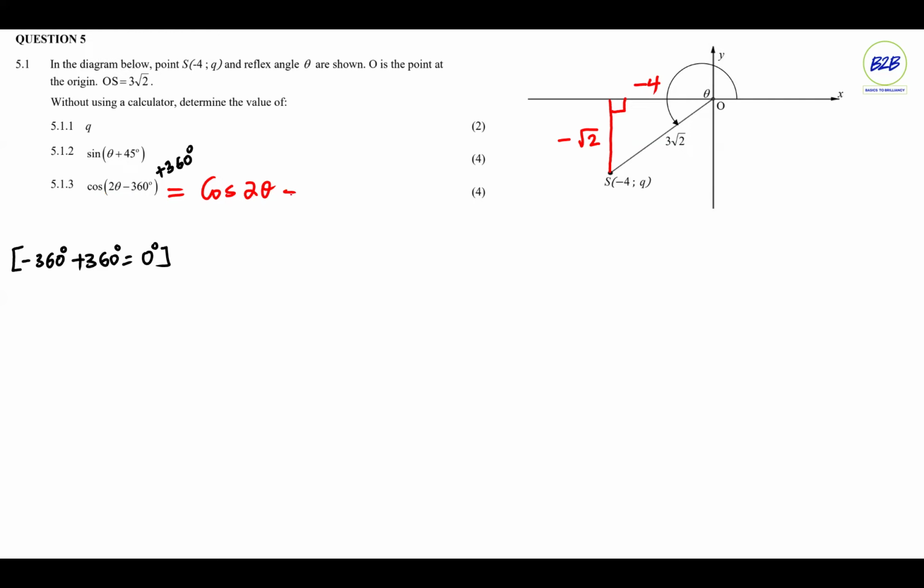And then we can solve that using any of the expressions of cos, for example, 1 minus 2 sine squared theta. All right.